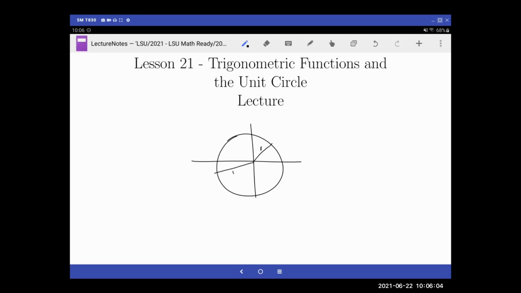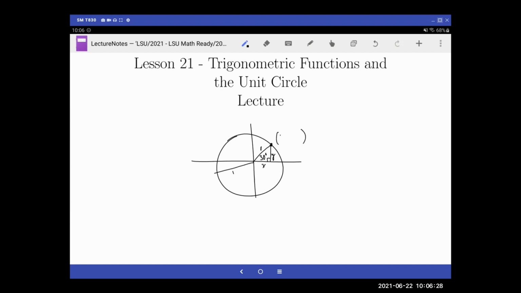And depending on the angle here, like 30 degrees, or you might say pi over 6 if you're doing radians, no matter what angle you pick, you always end up with a triangle where the radius is 1. If you think about this triangle as an x and a y value, that gives you the coordinate point on the circle.